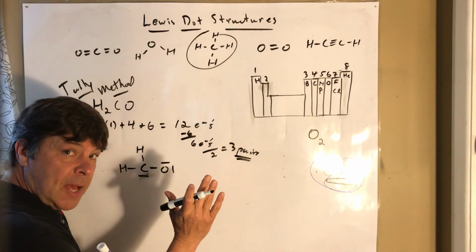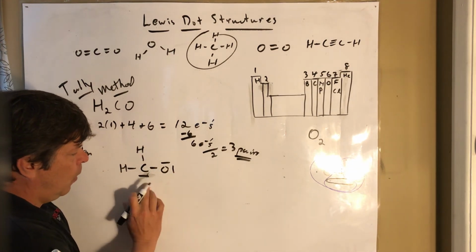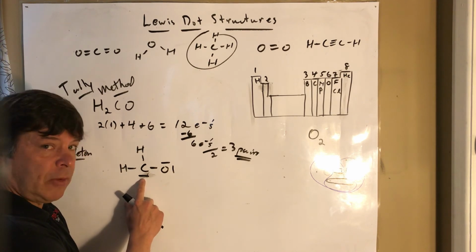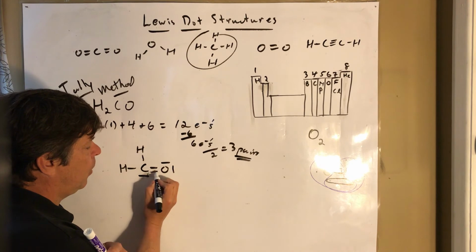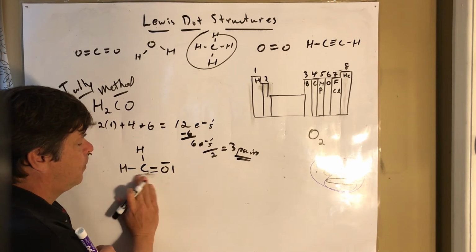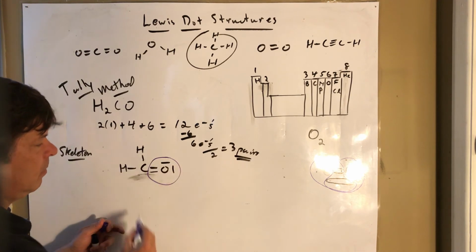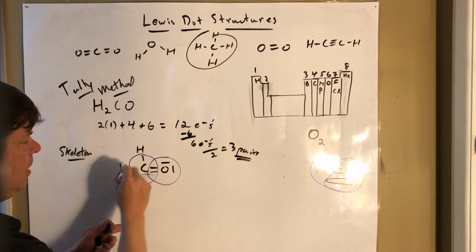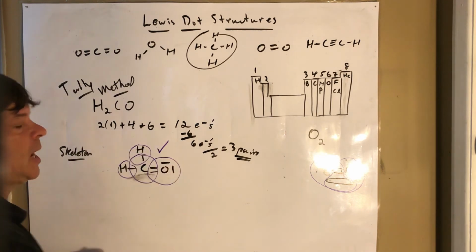Oxygen always follows the octet. Carbon does too. So we want to use these 2 electrons for both the oxygen and the carbon. The way we do that is we put them in between. Now, does that follow the octet? Let's see. 8, 8, 2, 2. We're good to go. Check, follows the octet.